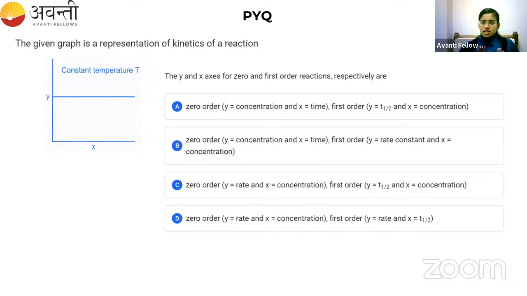Y-axis and x-axis are given for zero order and first order reaction. You have to find out which option is correct. Observe the graph. Think of the concepts which we have studied under zero order and first order. Then go for the correct answer.